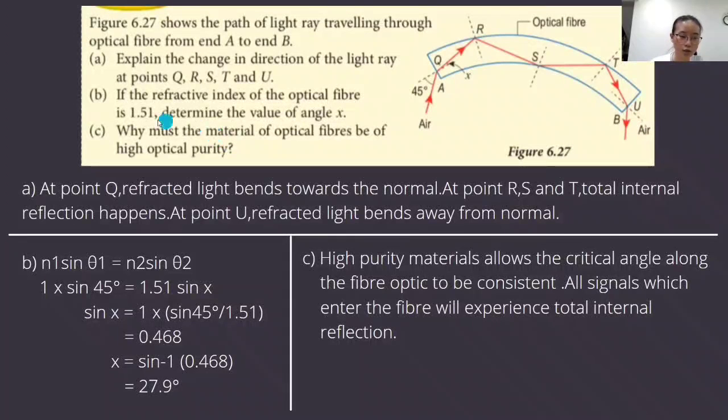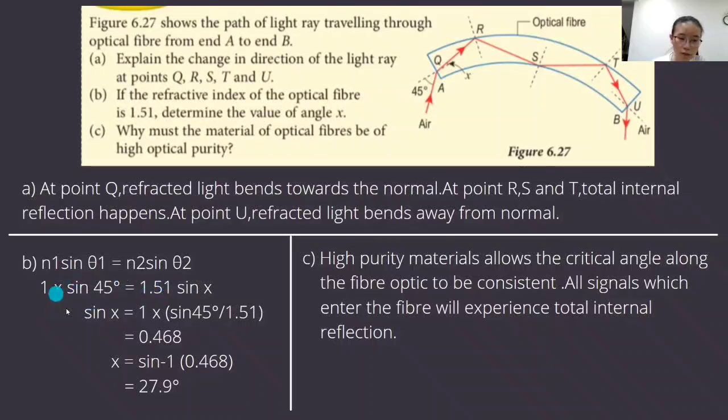Okay, the next question. If the refractive index of the optical fiber is 1.51, determine the value of angle X. To calculate the angle X here, we need to use this formula: n1 multiplied with sine θ1 equals n2 multiplied with sine θ2.